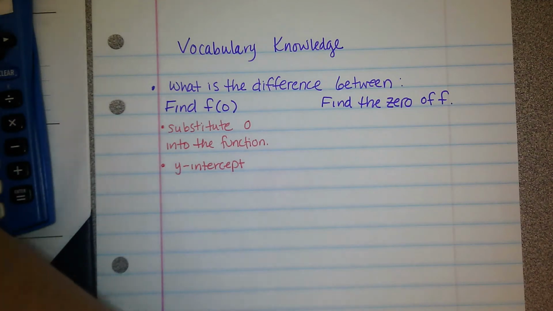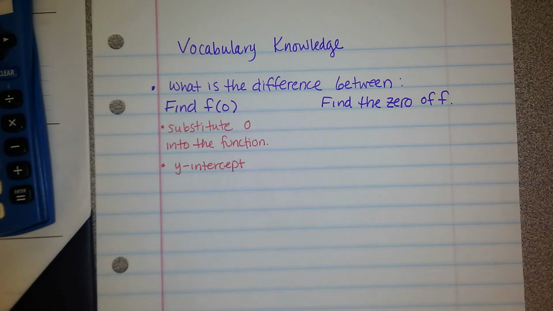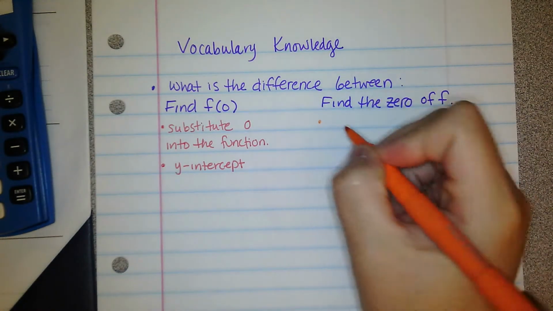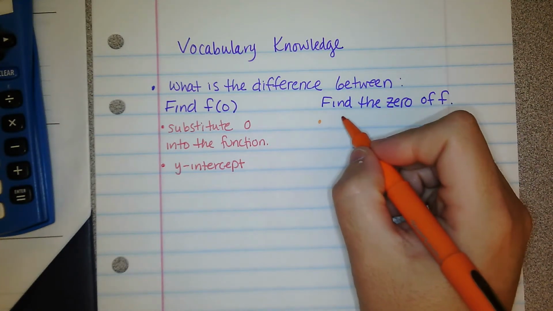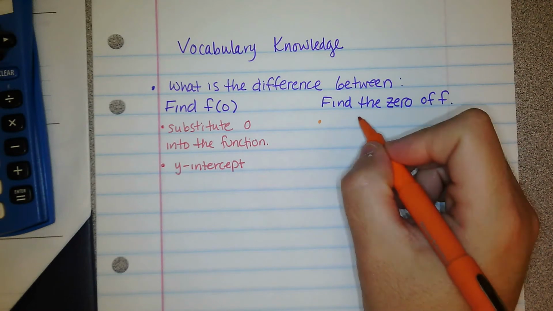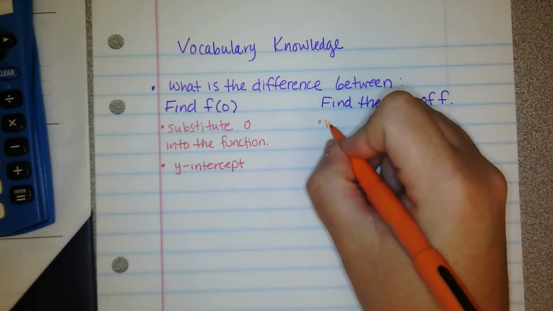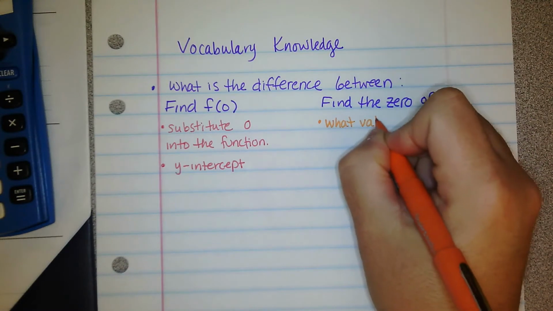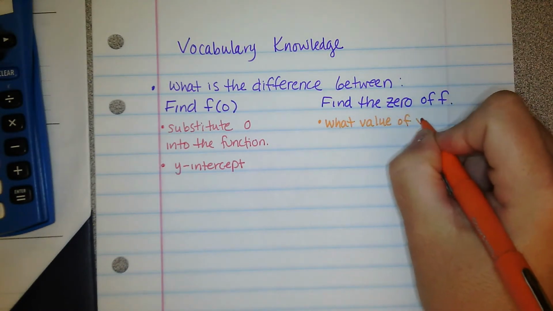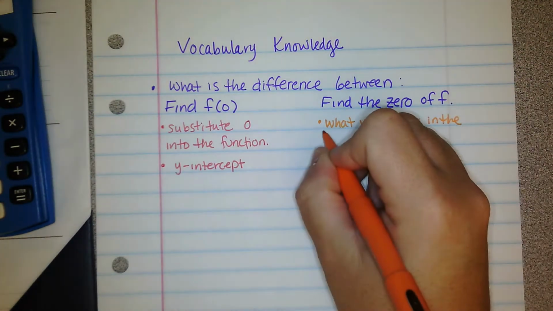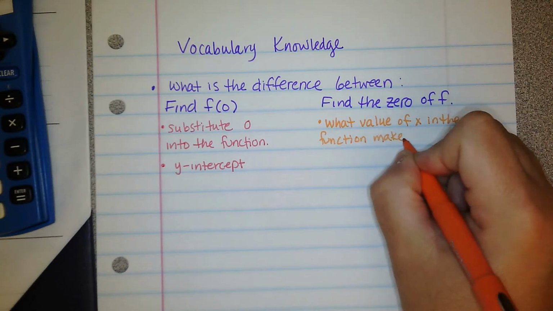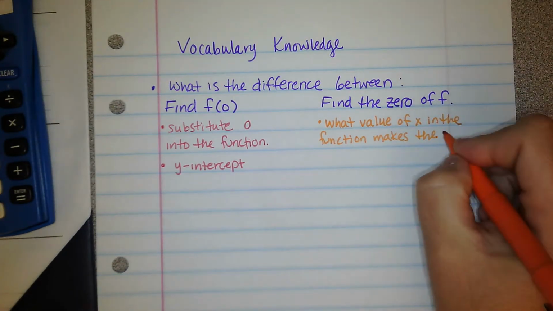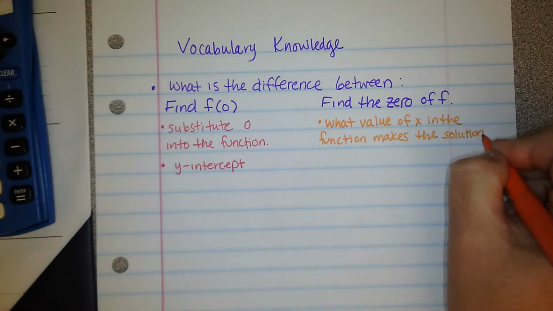Conversely, when you look at what is the 0 of f, what they're asking you to do is find out what value of x in the function makes the solution 0.